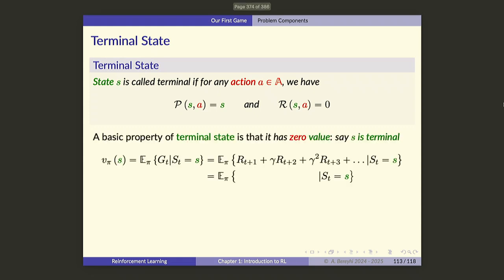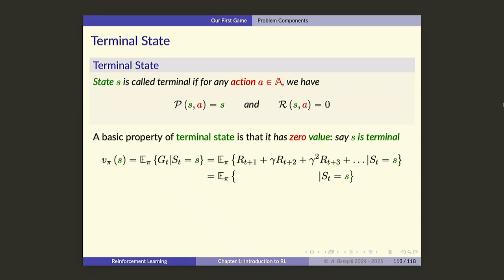You can simply see it by writing down the formulation. So you would say, OK, I want to calculate the value given the policy that I have in this state S. This state is a terminal state, right? So this is going to be the expected return that I'm going to get given that I am in this terminal state. And the future return, I can write it down in this form: immediate reward, second next reward, and so on.